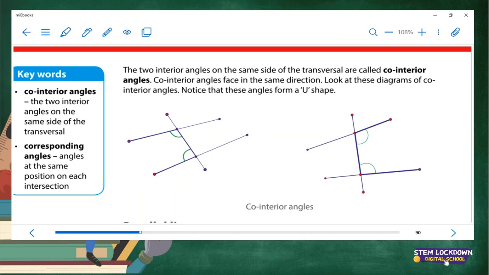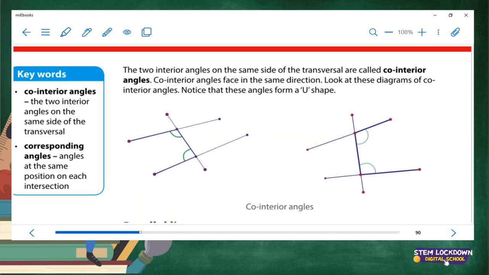So they are on the same side of the transversal. The transversal being the line that intersects two other lines. Could be two or more. Corresponding angles, as we have said, they must be on the same position in each intersection. They form what we call an F shape.